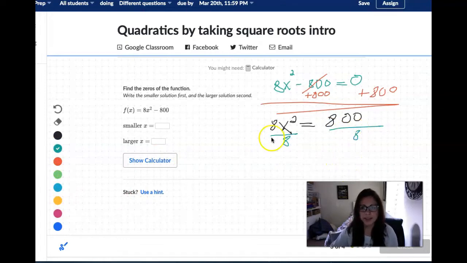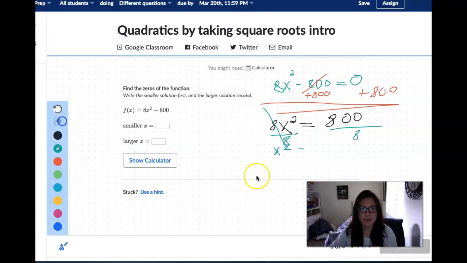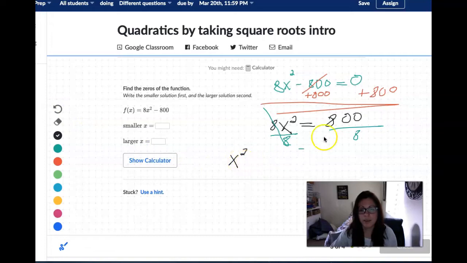From here, 8 divided by 8 is just 1, so we're left with x squared. Let me erase that. So we get x squared equals, 800 divided by 8 is 100.